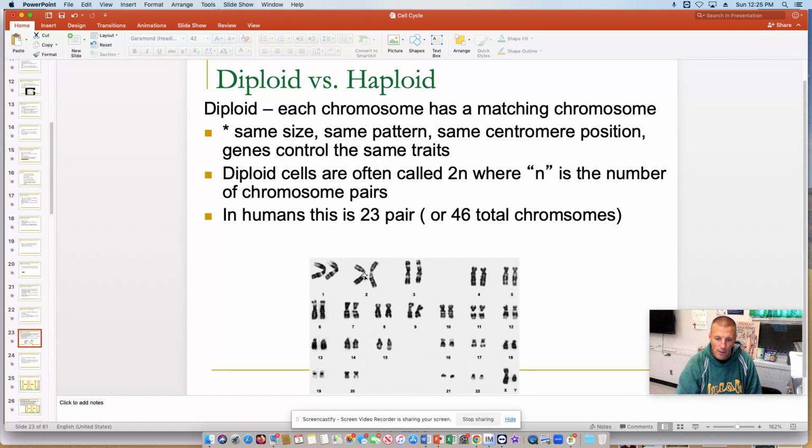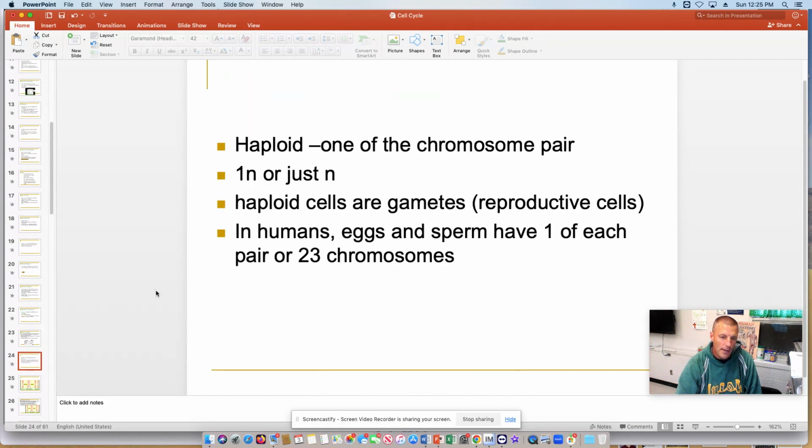So this one, and this one, and this one, and this one, and this one. So if we said we're only talking about the ones that came from mom, that would be haploid. But when we add to it the ones that came from dad, now it's diploid. Okay? So haploid is just one of the chromosome pair, one N or just N.